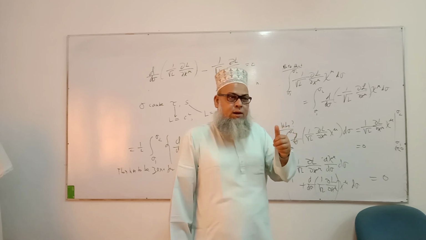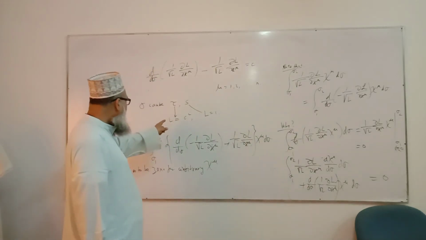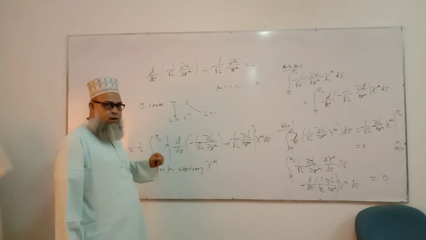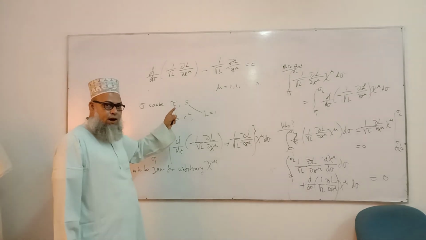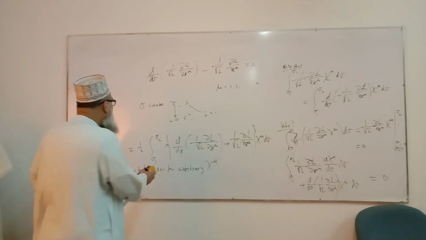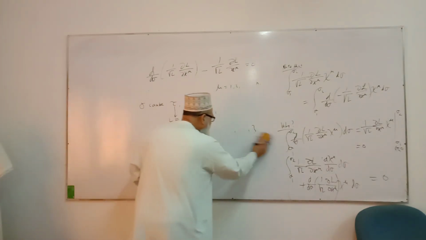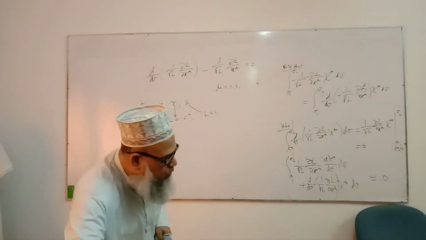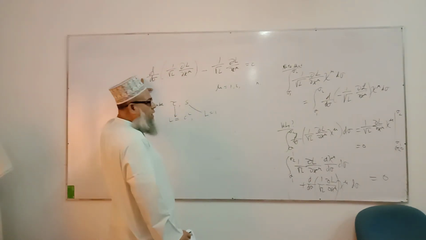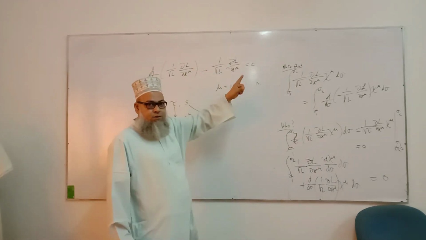You know why? Because whenever L is a constant, I can take it outside. Then 1 by root L can be cancelled.